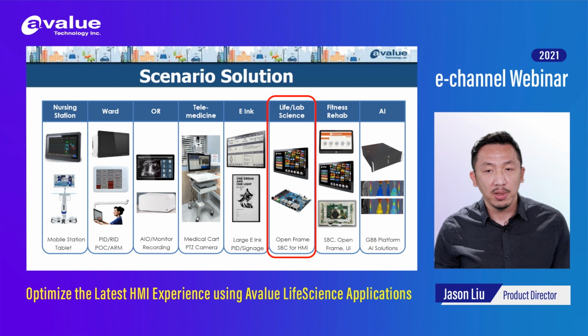The second requirement is semi-finished products. Our customers building this kind of system or machine are more professional in building examination functions. They don't want to spend too much time integrating computing system components like the motherboard, panel, or touch together.